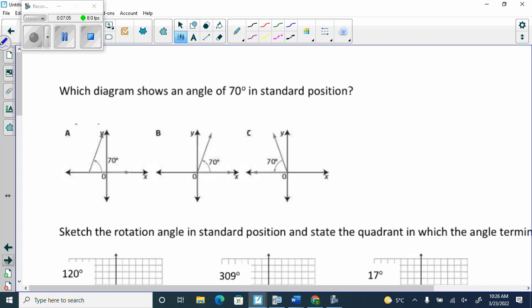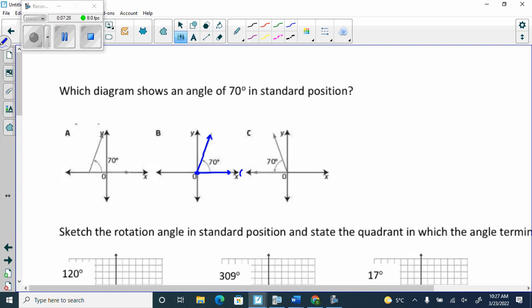This one says, which diagram shows an angle of 70 degrees in standard position? Which one of these? B. Even if you know nothing about 70 degrees, you know standard position has to start on the x-axis and rotate around 0, 0. This one starts on the x-axis and rotates around 0, 0. Now, why is this 70?